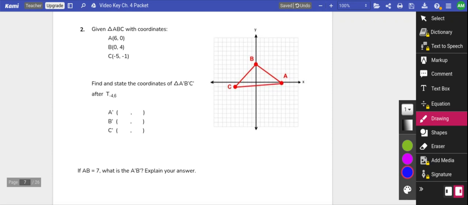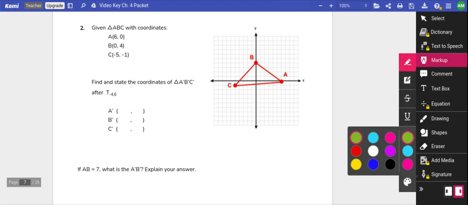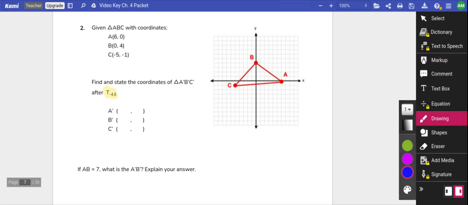Now we're going to move on to our next question, which is asked in a slightly different way. Again, my pre-image has been plotted and I need to find my image. And this is my notation this time. I'm going to highlight it. Again, this means that I'm subtracting 4 from x and adding 6 to y. So I can just simply do the math.